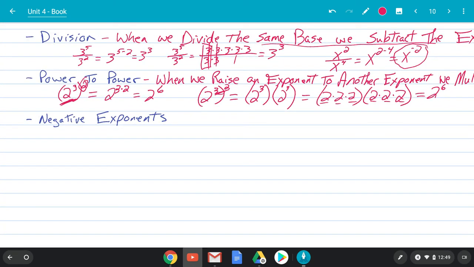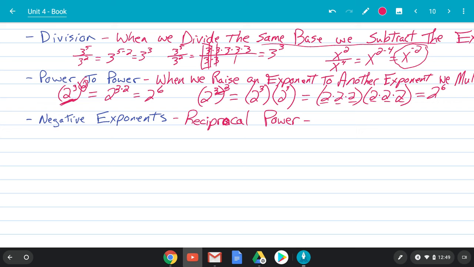This last property about negative exponents is maybe the most difficult one for students to grasp. But negative exponents, this may be called the reciprocal power.